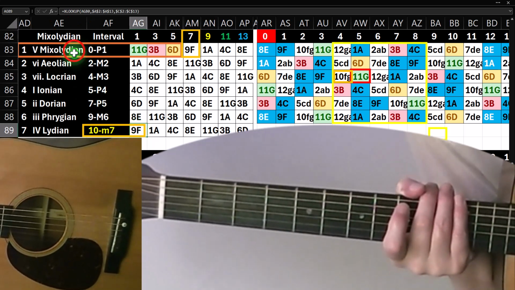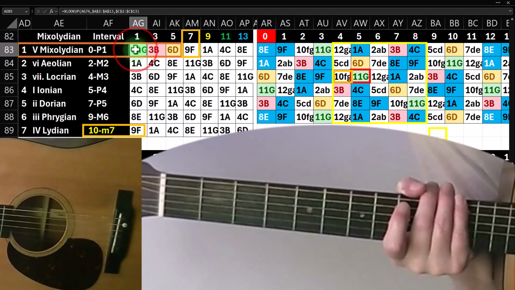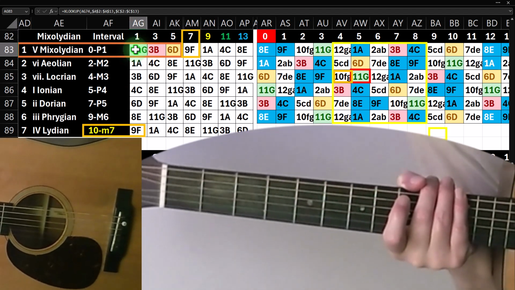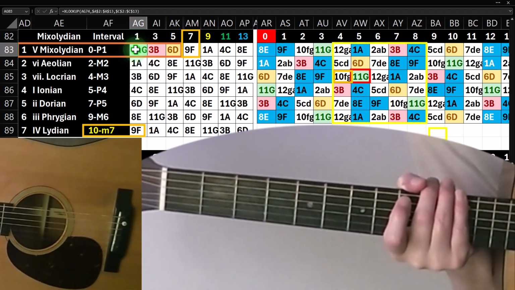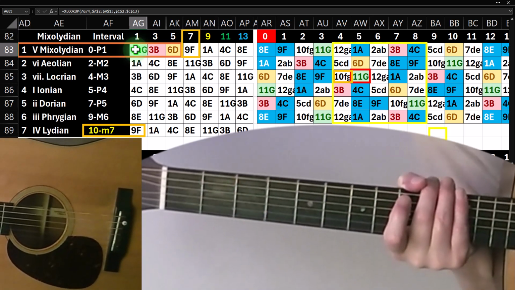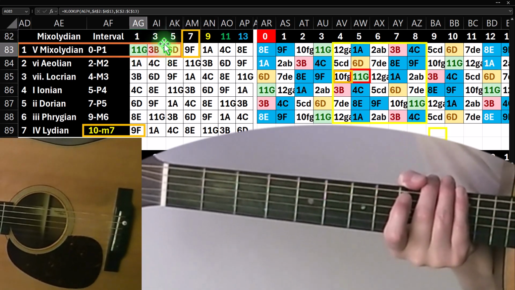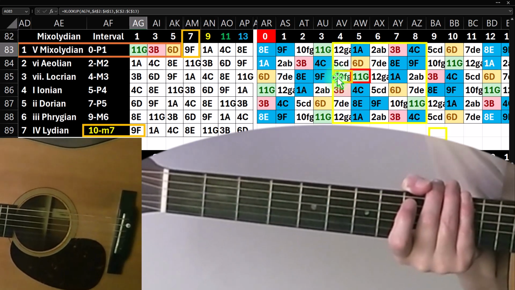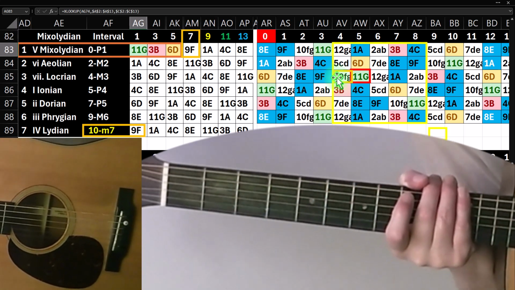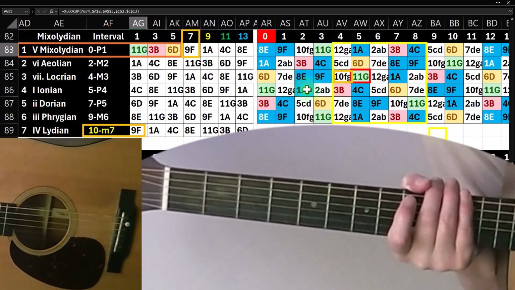Similarly with the Mixolydian, if I convert the Mixolydian here from G Mixolydian to G major, then I can think, well, what are all the other modes that are relative to the G major that just have that one note of difference? And then I can shift my focal points. Anyway, enough of that.